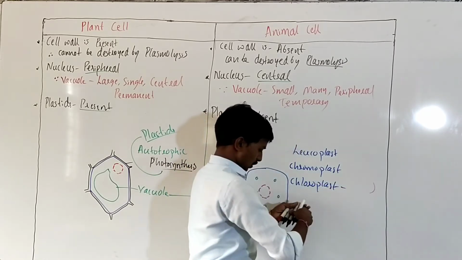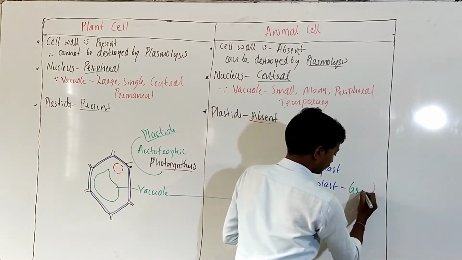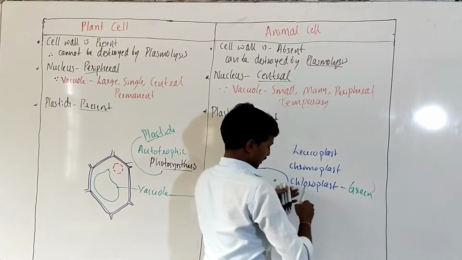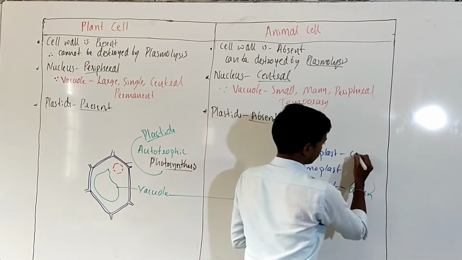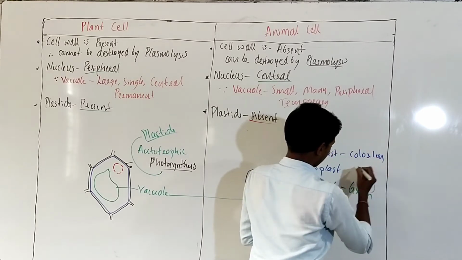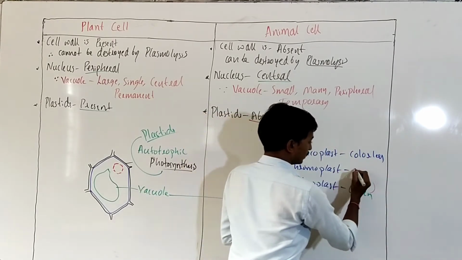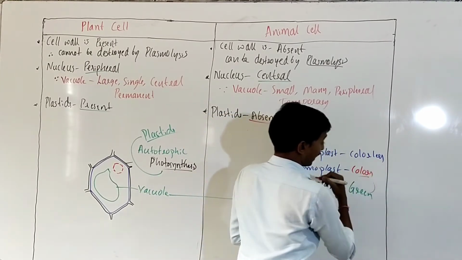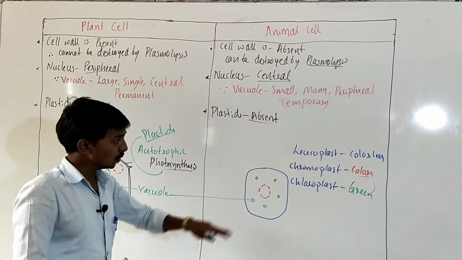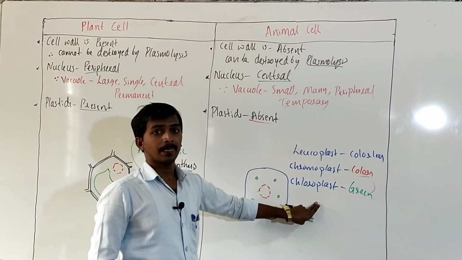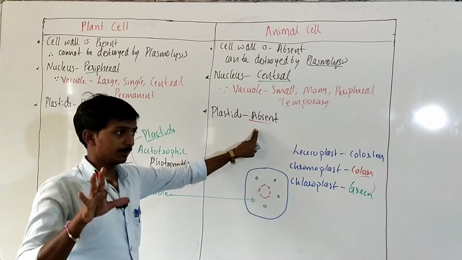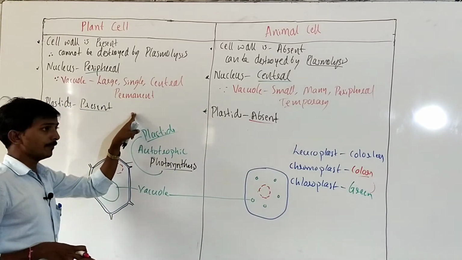Here chloroplast means green, leucoplast means colorless, and chromoplast means colors other than green. So these plastids are absent in case of animal cell, present in case of a plant cell.